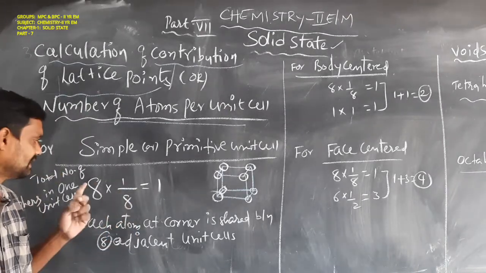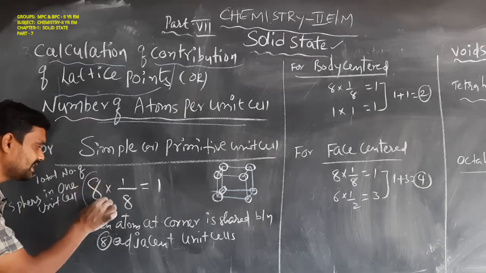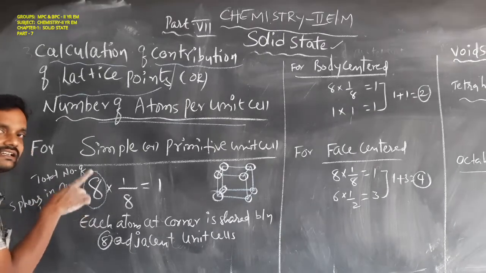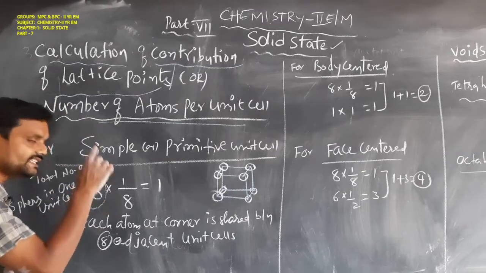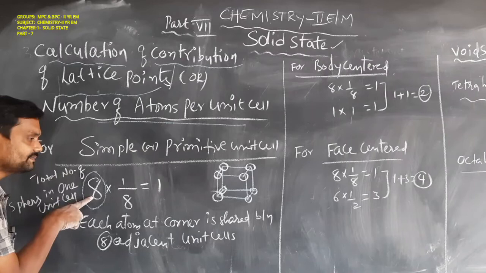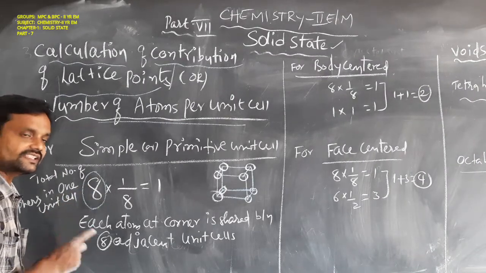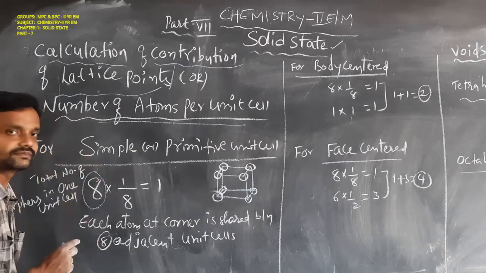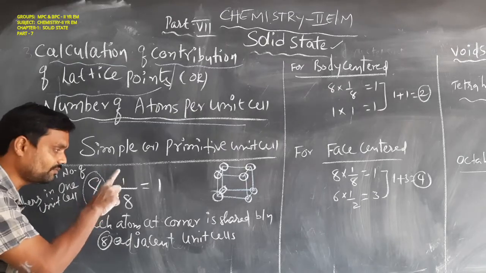Here this 8 indicates that at 8 corners, 8 atoms are present. This 1 by 8 indicates that each corner atom is shared between the 8 adjacent unit cells. So for a single unit cell, how much is required? 1 by 8.